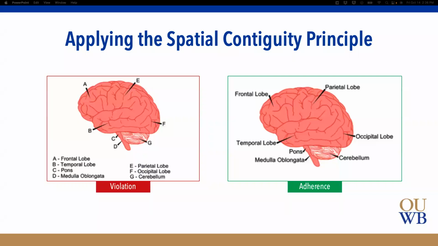What I might recommend in that case is on a subsequent slide, say the very next slide, after you've gone through the activity with the students, have that alternative image on the right, which is in adherence with the spatial contiguity principle, where the key is placed very clearly and closely to what it represents.